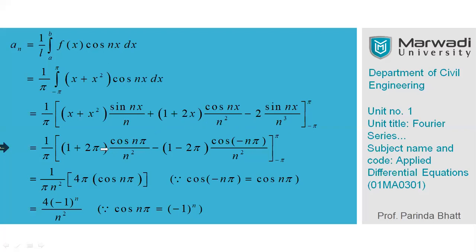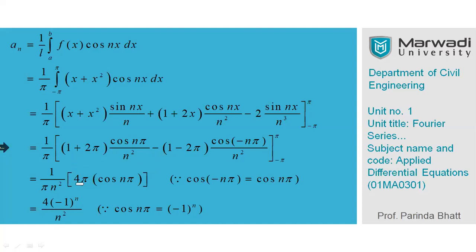Therefore (1 plus 2π) cos nπ by n square minus the lower limit, (1 plus 2 into minus π), therefore minus (1 minus 2π) cos minus nπ by n square, right? We know that cos is an even function, therefore cos minus nπ equals cos nπ. Therefore, when we open this bracket, the terms cancel out, giving minus minus plus 2π, therefore 4π, and minus 1 and plus 1 is 0.